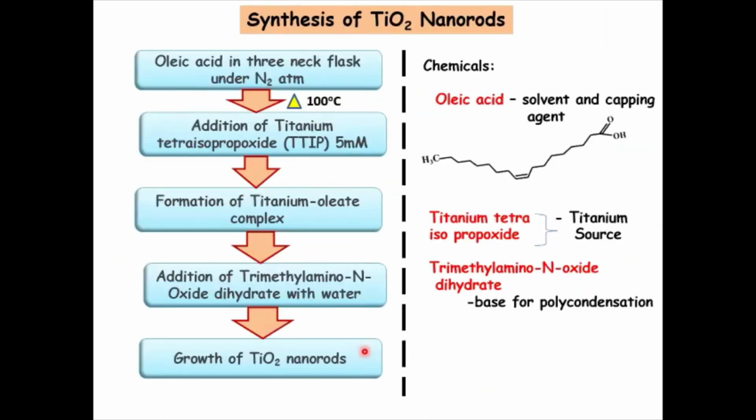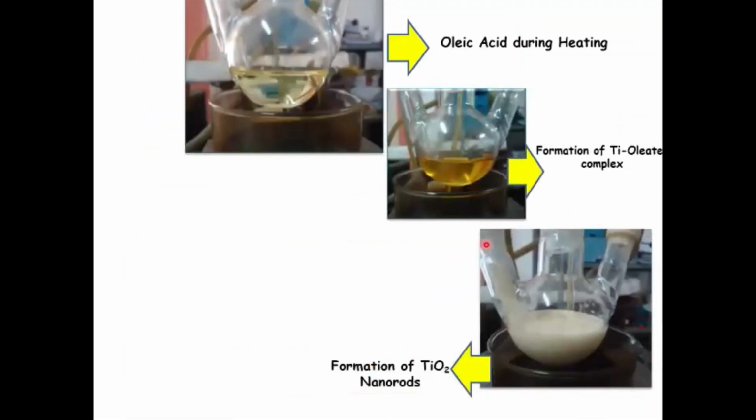So this is the flow chart for the process. This oleic acid is the solvent or capping agent, which has a long-chain structure like this, and this titanium tetraisopropoxide is a titanium source, and this trimethylamine oxide dihydrate is a base for polycondensation, which creates the precipitation of titanium oxide. So essentially, this is a milk-like solution.